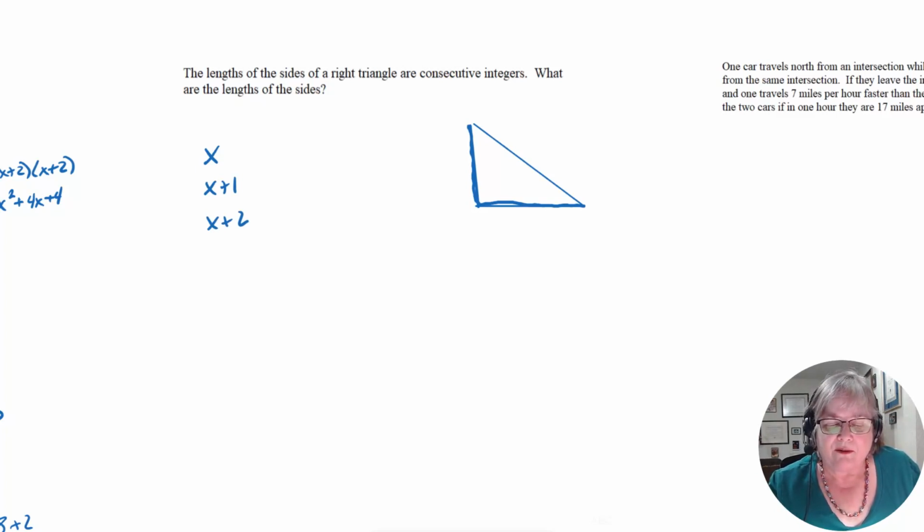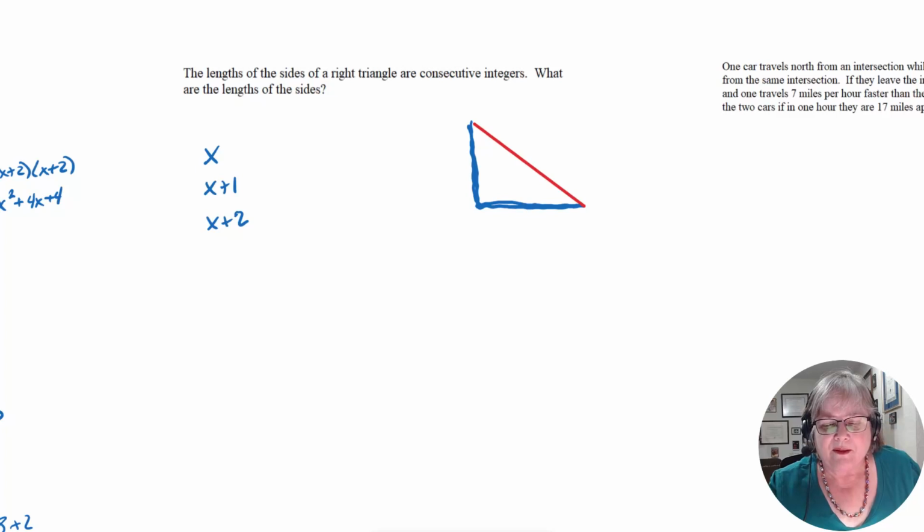And you look at it and go, does it matter which one of these sides over here is x versus x plus 1 and versus x plus 2? Yes, it does. All right, because if you have a right triangle, the longest side is this one right here, right? That's called the hypotenuse. And the hypotenuse has to have the biggest number.